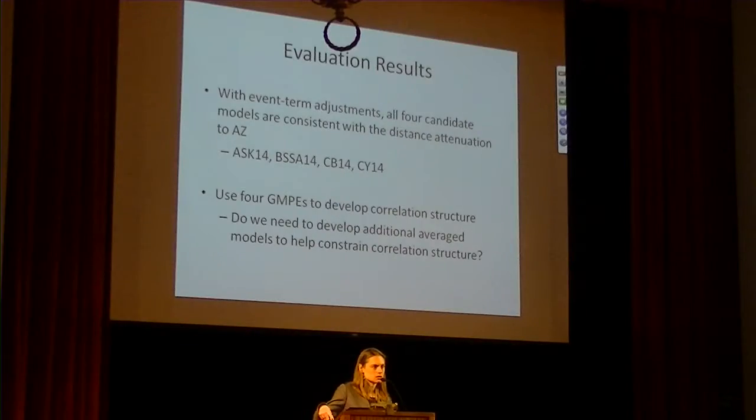I just have a quick question. It says with the event term adjustments, all 4 candidate models are consistent with the distance attenuation in Arizona, but it did seem like a lot of the red dots were lower than the GMPEs were predicting at long distances. Yeah, we did see that for a lot of the events, but we're going to get to that.